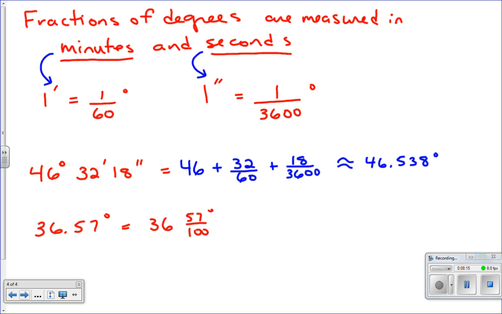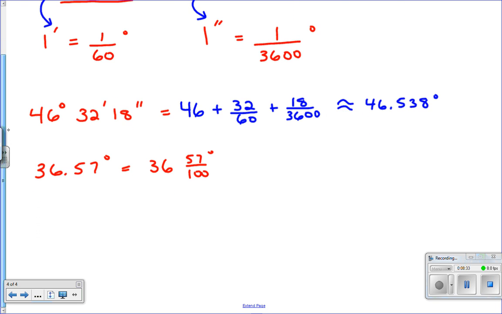We can also go from decimal degrees, so here we have 36.57, and we can express that using degrees, minutes, and seconds. So if I look at that, really I can write it as 36 and 57/100ths degrees.